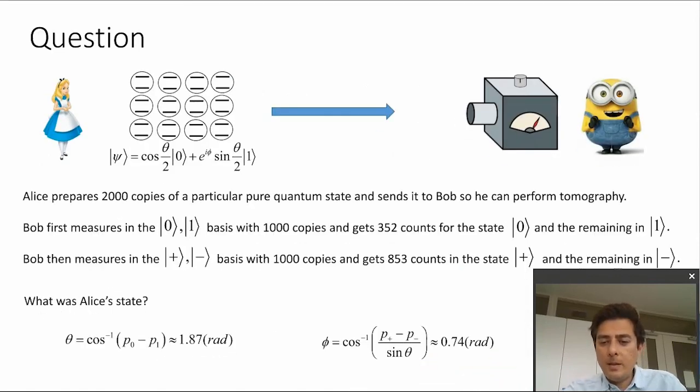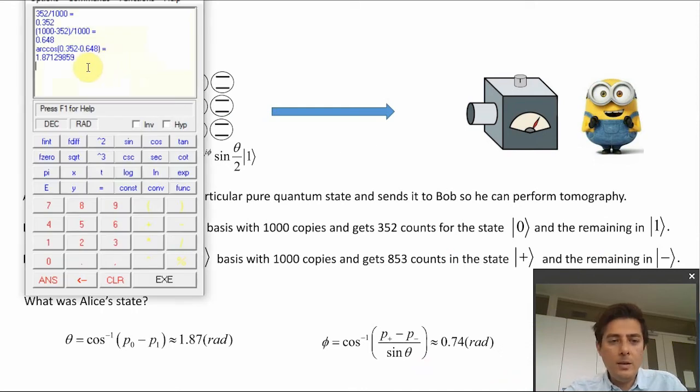So again, we need to work out what p plus and p minus are. So of course, p plus is 853 divided by 1,000, so that's going to be 0.853. And p minus is going to be the remaining amount, so we can also work this out just by doing 1 minus 0.853. Okay, so that's going to be 0.147.